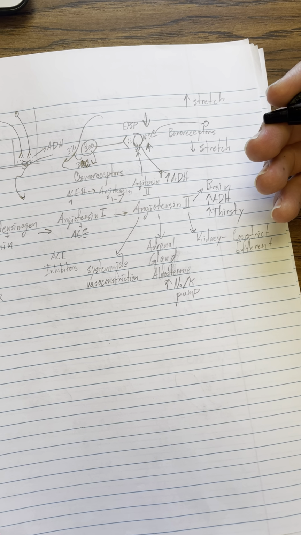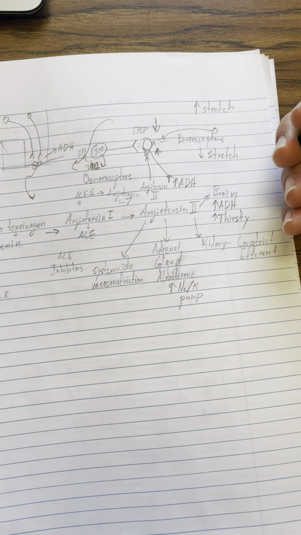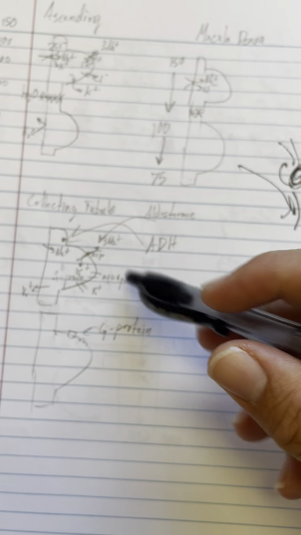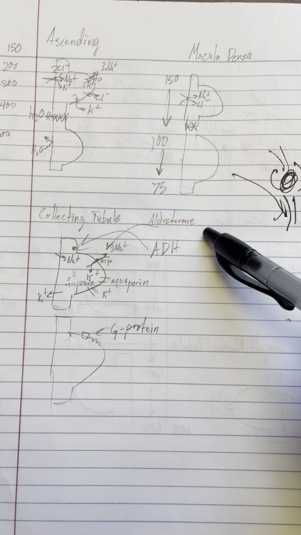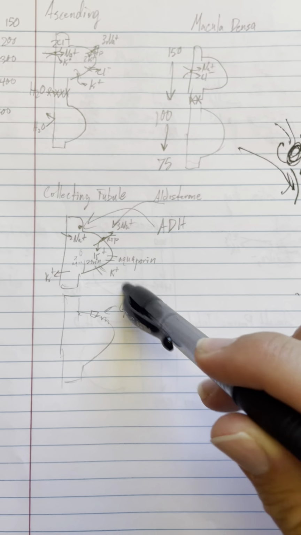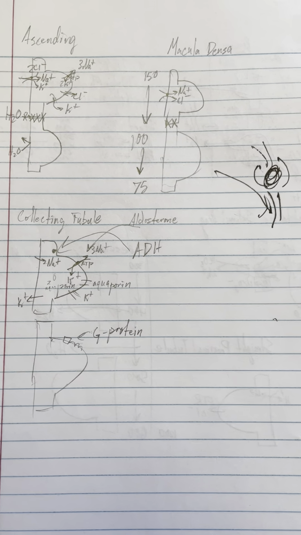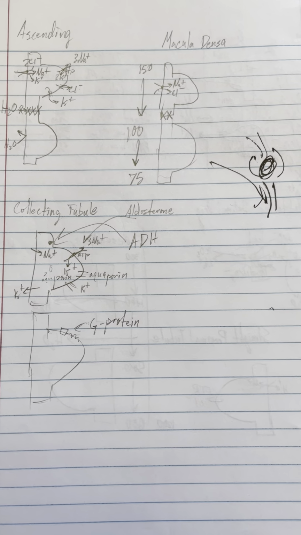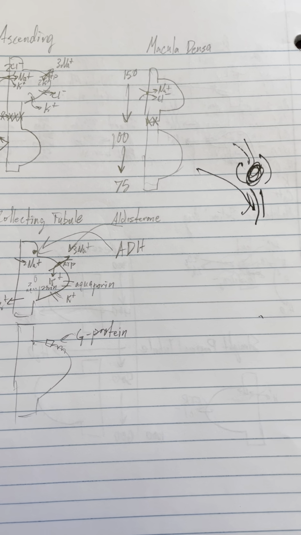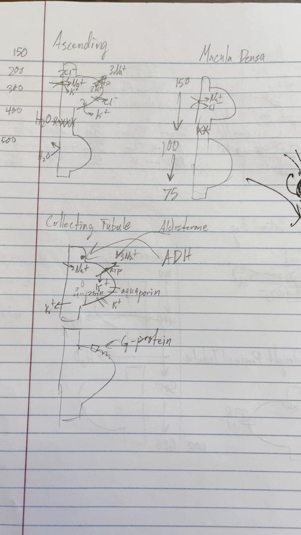And then at the cellular level, this is just the effects of aldosterone and ADH, what it does to an actual cell within the collecting tubule. So there you have it. That's tubuloglomerular feedback and the RAAS system, as well as some of the roles of ADH and aldosterone.